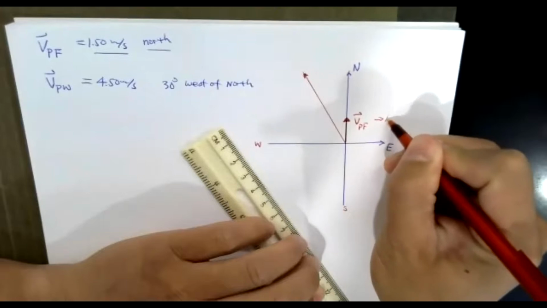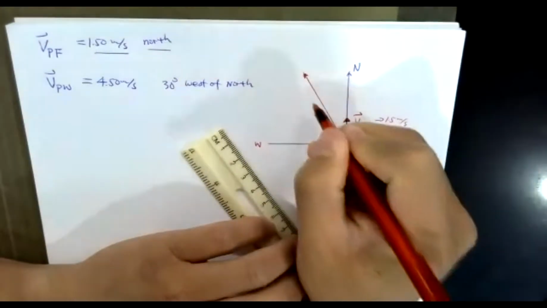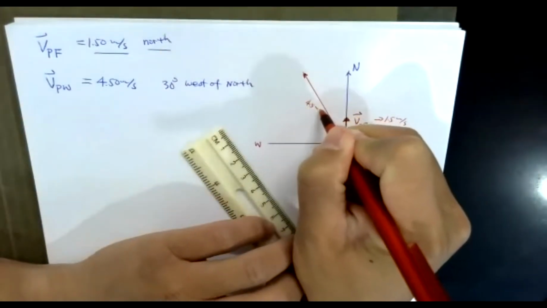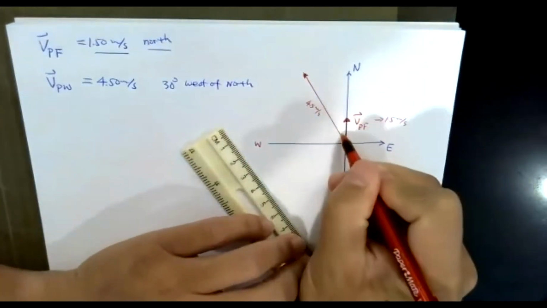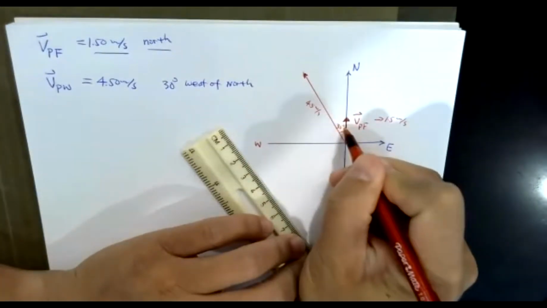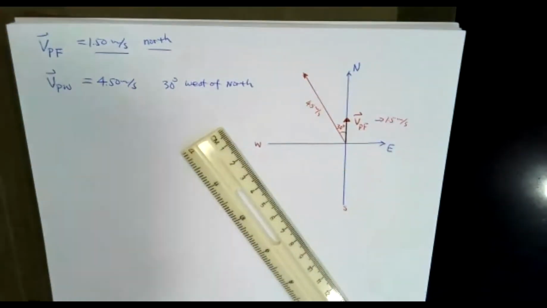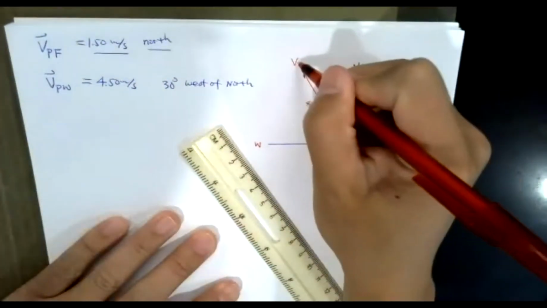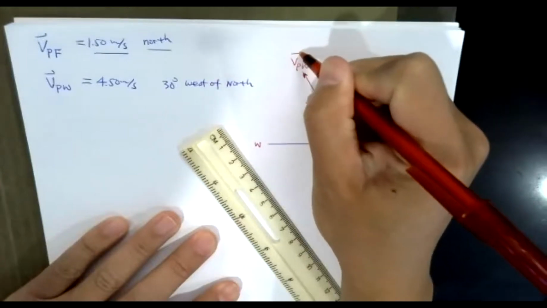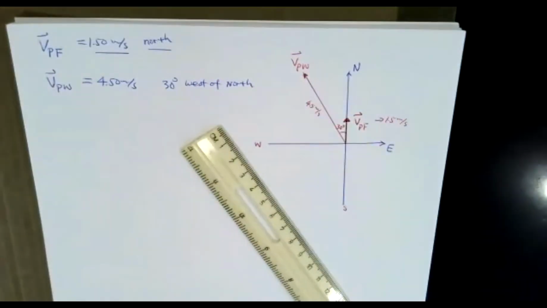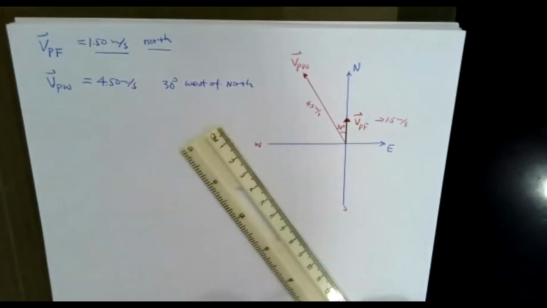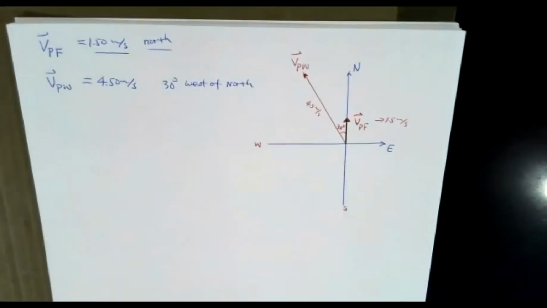This one is 1.5 meters per second and this one is 4.5, the length. This is 30 degrees west of north. This is my V person relative to the water. The problem is asking what would be the velocity of the person with respect to the water.